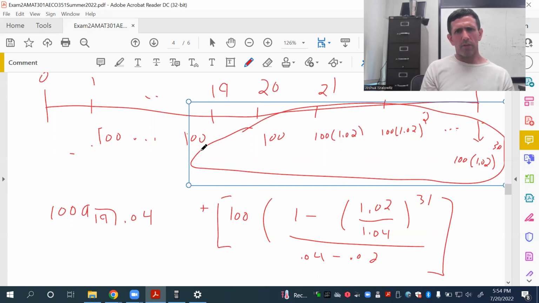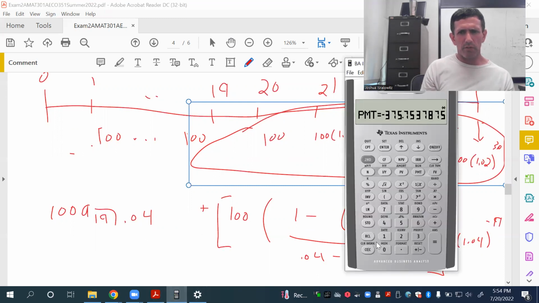Okay. Now this is going to give me the present value at t equals 19, so I have to discount this by 19 years. So 1.04 to the minus 19.